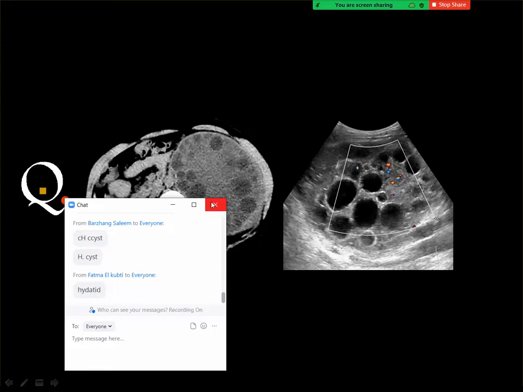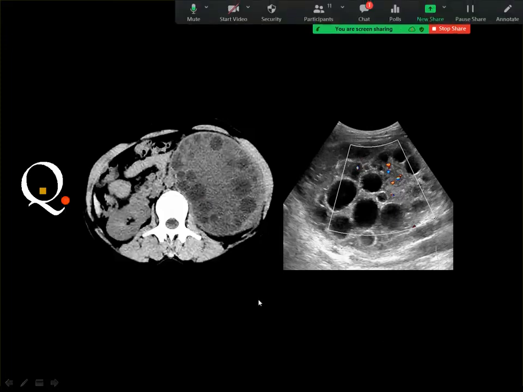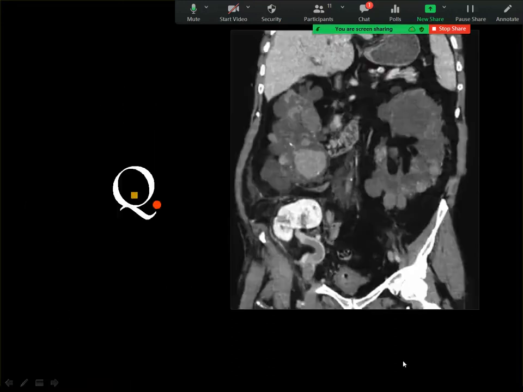Hydatid is right, and the answer is hydatid cyst of the kidney, because one of the classic appearances of hydatid cyst is the presence of a big cystic lesion with internal daughter cysts, as you can see in both ultrasound and CT scan. The next case is a coronal image of the abdomen obtained after intravenous contrast injection.